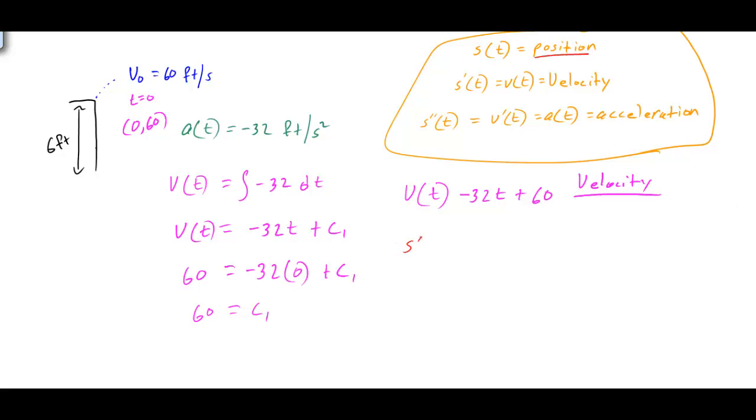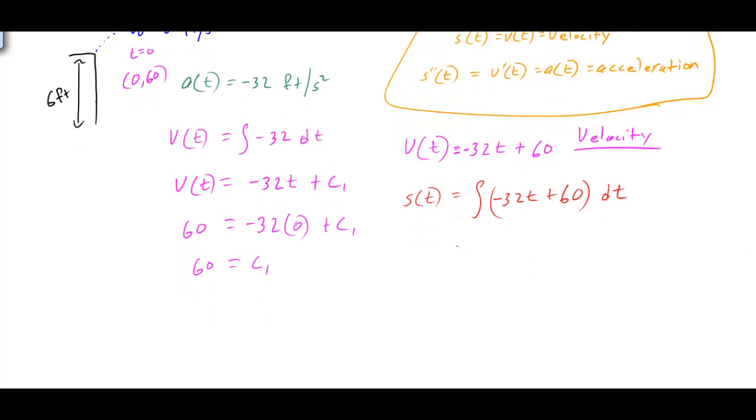So that means S of t is equal to the integral of negative 32t plus 60 dt. And let's see, there should be an equal sign here. There should be negative 32t. So then if we integrate this integral, it's pretty basic.